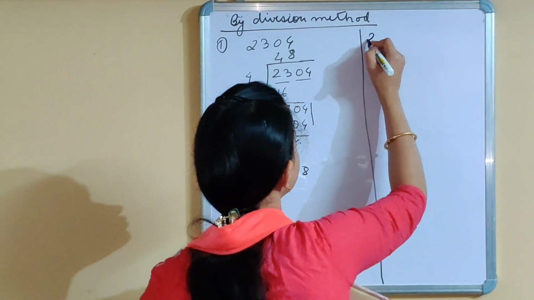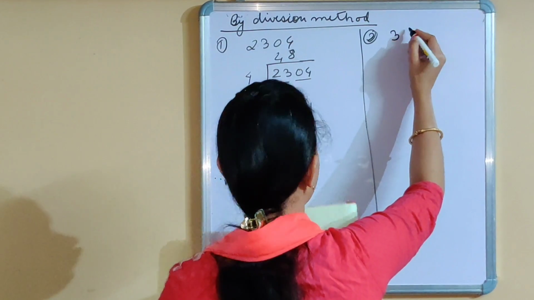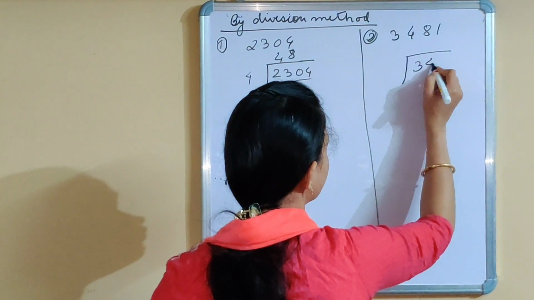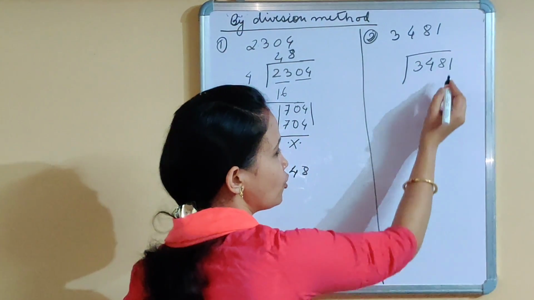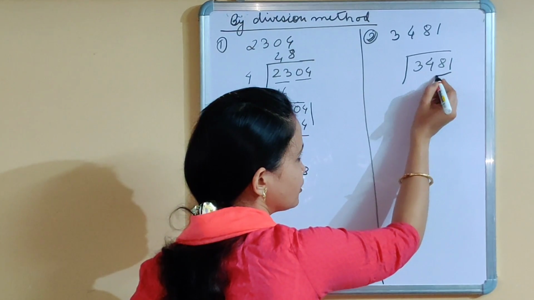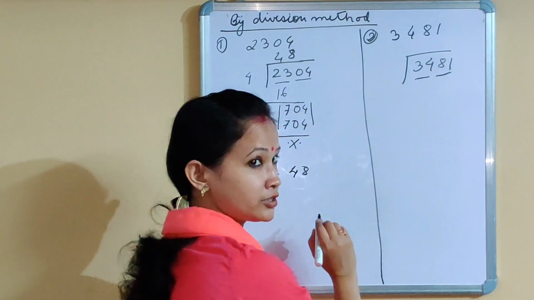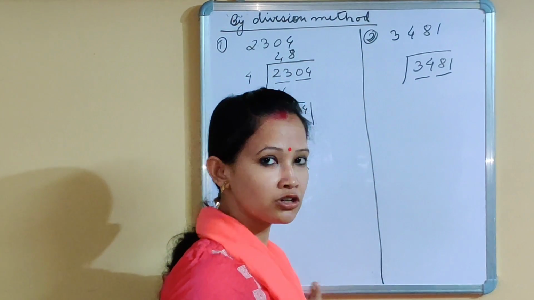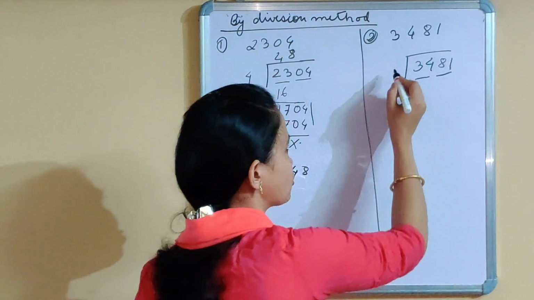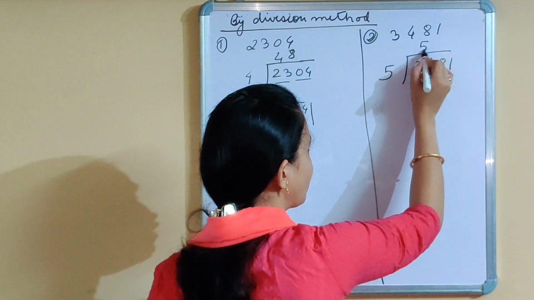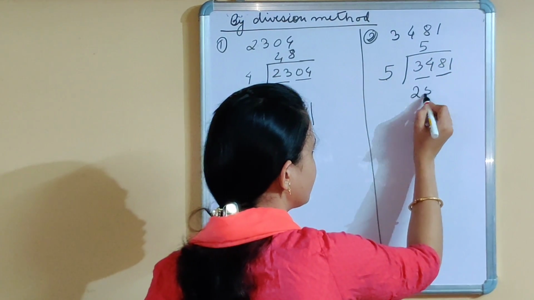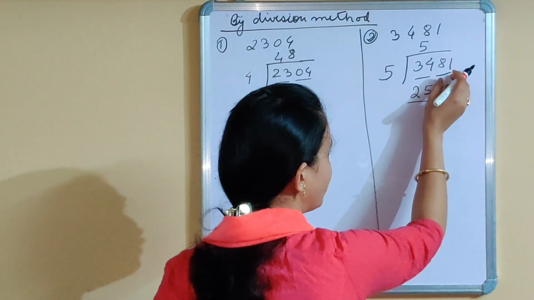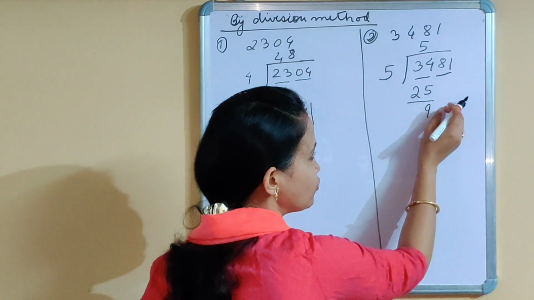Let's do another problem: 3481. As I told you, we have to start pairing from the right hand side like this. Now 34: such a number, when you multiply 2 times, is less than 34. It's obviously 5 into 5, which is 25, and the remainder is 9. When I bring down the number, I have to bring 81 together.